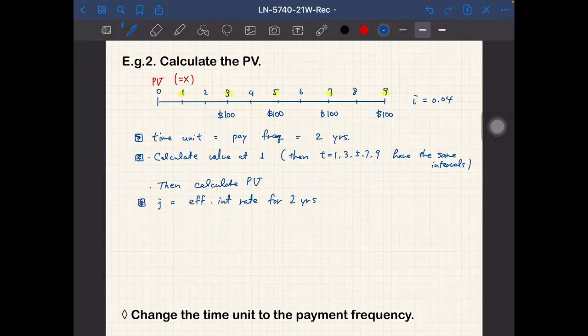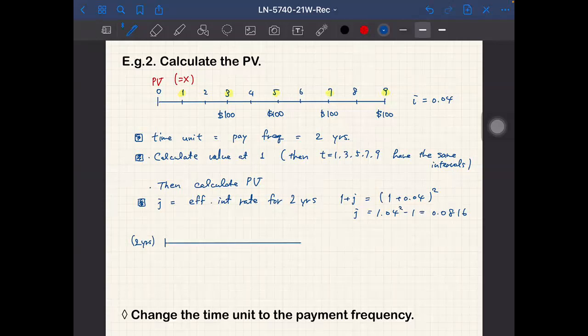The 1 plus j, the effective rate for 2 years, is 1.04 squared. So j is equal to 1.04 squared minus 1, which is 0.0816, or 8.16%.